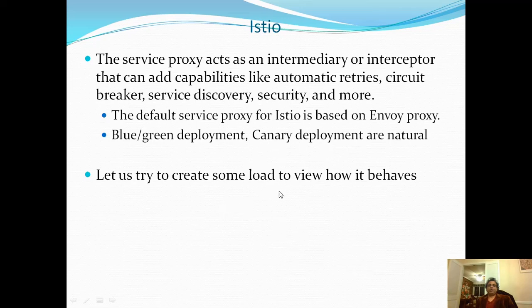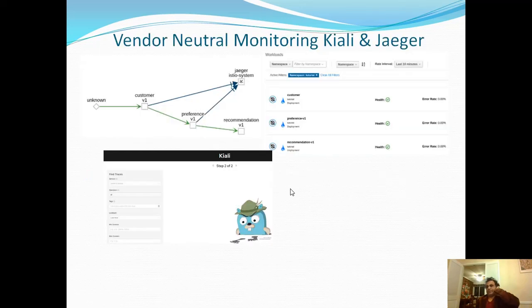Let's try to create some load to view how it behaves. So at the end of the day, we have to create some load, so we will do that. Once we use Helm install and install our application and everything, again, because we are creating the cluster, there are ways to monitor it: vendor-neutral monitoring using Kiali and Jaeger, right? This is very important for multi-cloud tenancy.